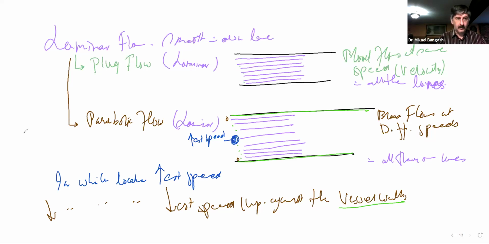So the blood that runs up against the vessel walls is where it will be slowest.